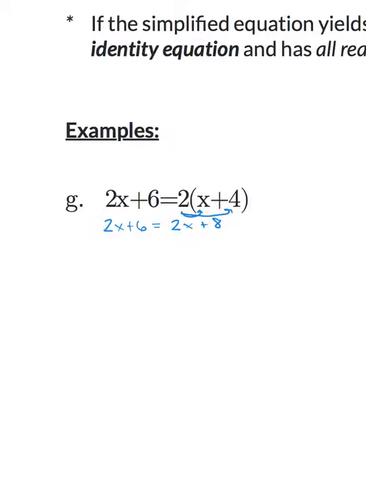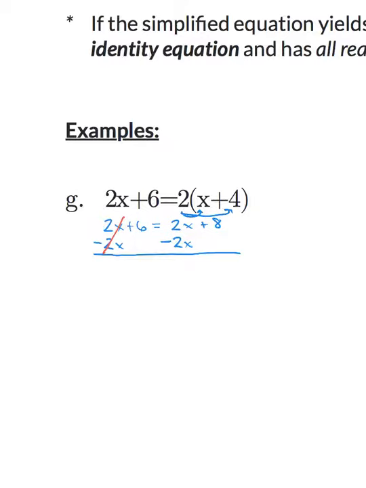From here, we want to get all of our variables on one side and all of our constants on the other. So I'm going to move my variables first. I want to subtract 2x from both sides. And this is where you're probably going to go, wait a minute, it doesn't look right. Because on the left we have our x's canceled.